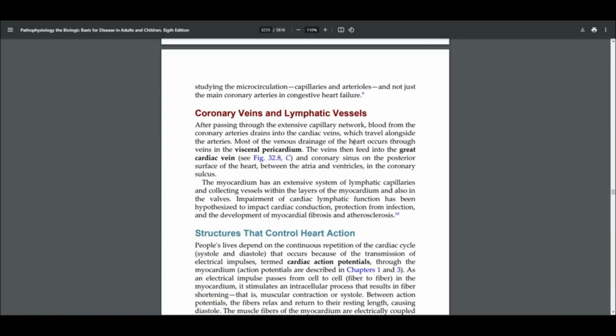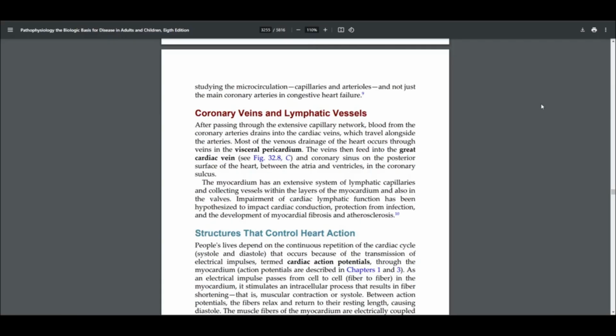The coronary veins and the lymphatic vessels. After passing through the extensive capillary network, blood from the coronary arteries drains into the cardiac veins, which travel alongside the arteries. Most of the venous drainage of the heart occurs through veins in the visceral pericardium, the veins that then feed into the great cardiac vein and coronary sinus on the posterior surface of the heart, between the atria and the ventricles in the coronary sulcus.